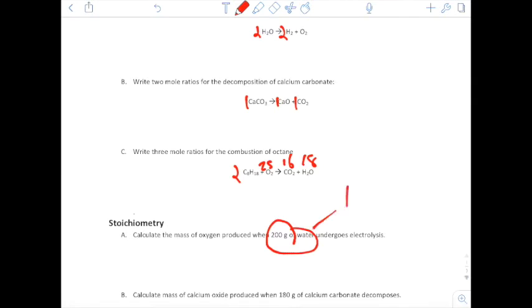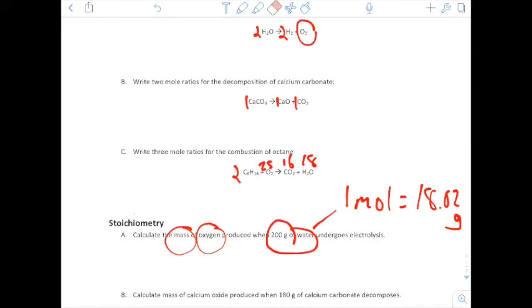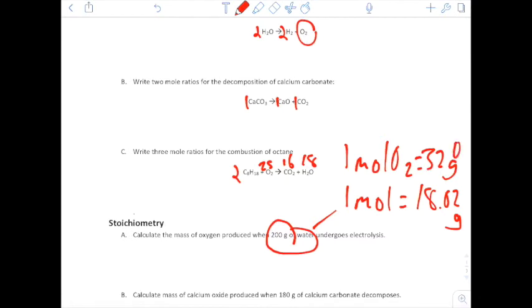And we know that 1 mole of water equals 18.02 grams of water, and we also want the mass of oxygen. So when you look up here, we have 2 oxygen atoms, and so 16 plus 16 is 32. So now I know that I have 1 mole of oxygen equals 32 grams of oxygen, and this is my water. We'll make that blue.